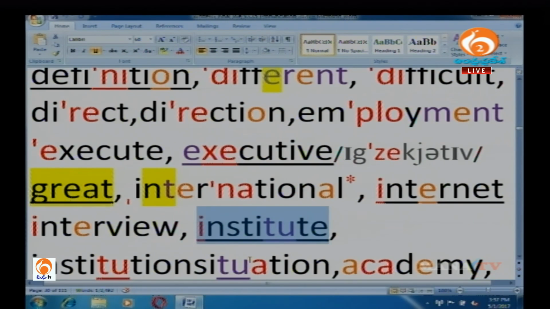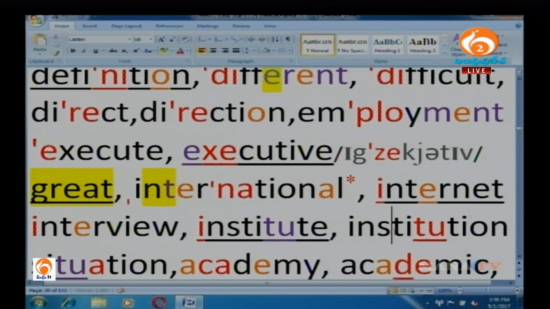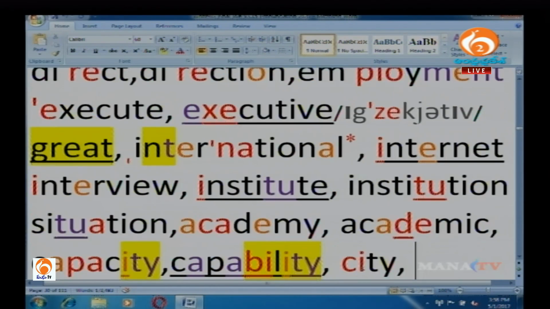This one, "institute." Very good. How about this one? "Institution," "situation," "academy," "academic." Okay?